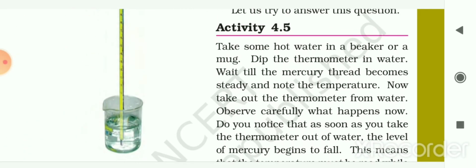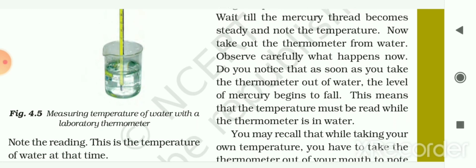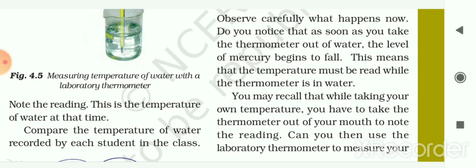Activity 4.5. For that, take some hot water in a beaker or a mug. Then dip the thermometer in the water and wait till the mercury thread becomes steady, and note the temperature. Now take out the thermometer from the water and observe carefully what happens. Do you notice that as soon as you take the thermometer out of the water, the level of mercury begins to fall?